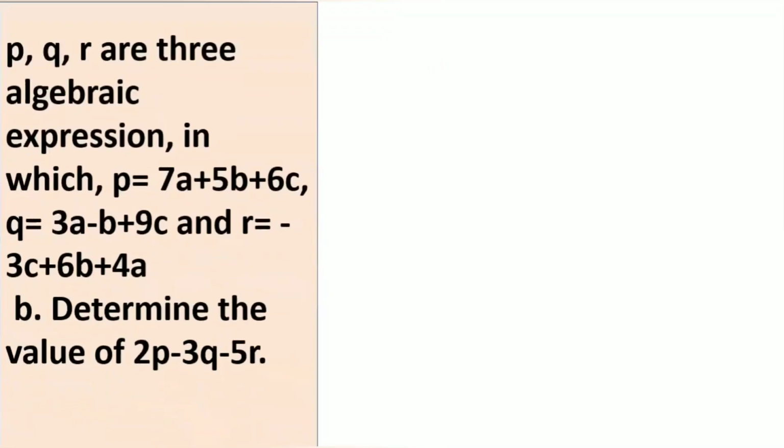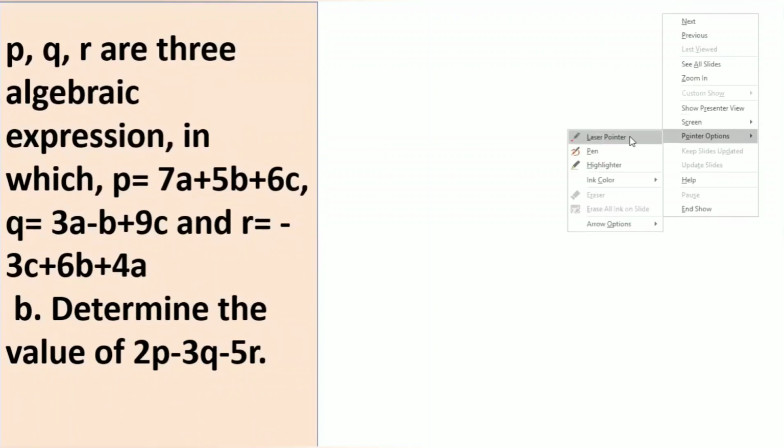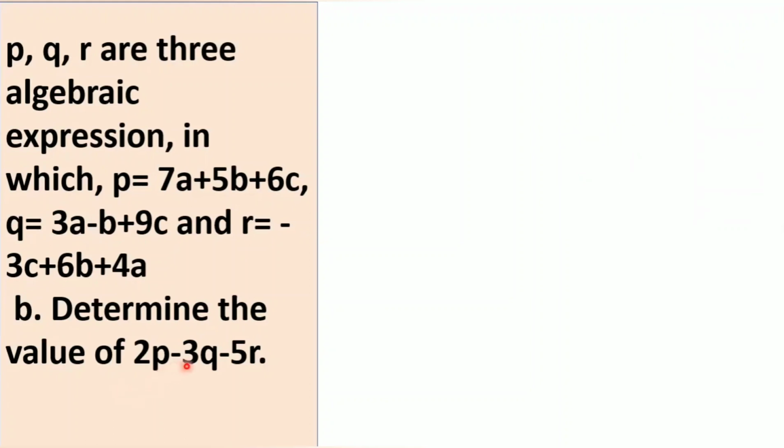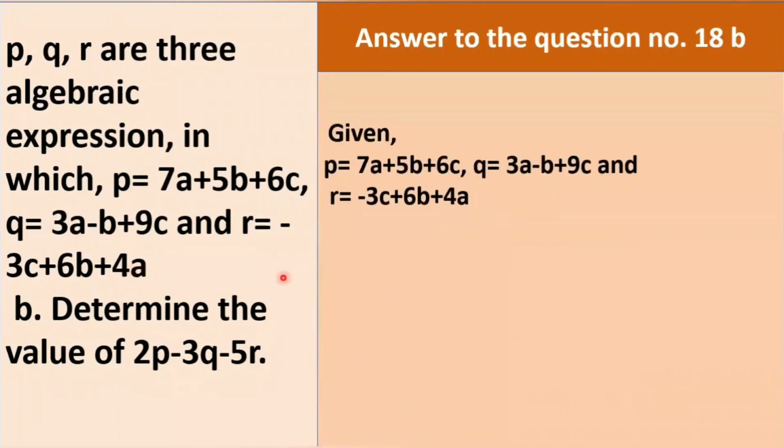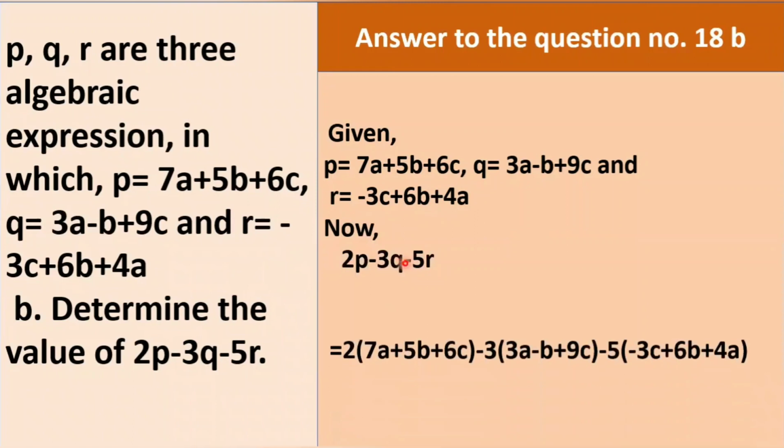Now, students, we are going to solve B. Here, what you will do is, at first, you have to determine the value of 2P minus 3Q minus 5R. Where, see here in the question stem, the values of P, Q, and R are given. So, in the solution, at first you will write the given values of P, Q, and R. And then the value we are going to find out, we should write that one.